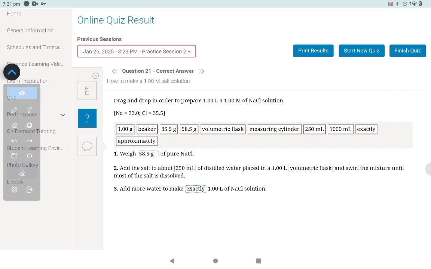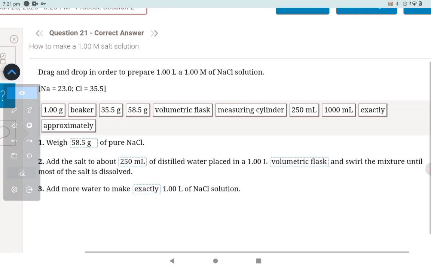Okay, so this one was explained in chemistry classes. How to prepare 1 liter of 1 molar salt solution. First off, we need to weigh 58.5 gram of pure NaCl. Why is it 58.5? Because we want it to be 1 mole.